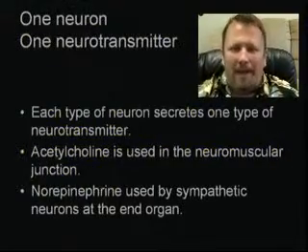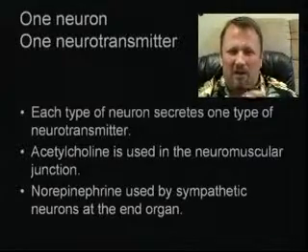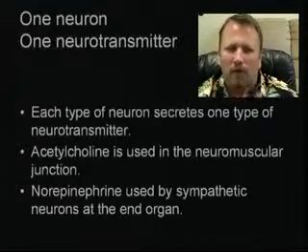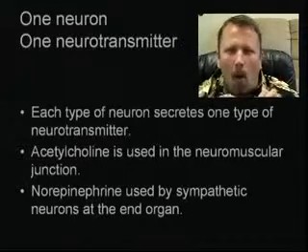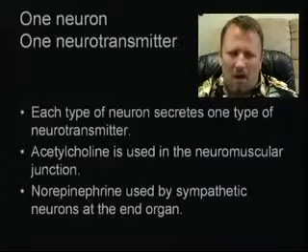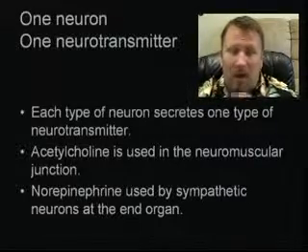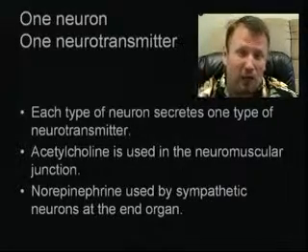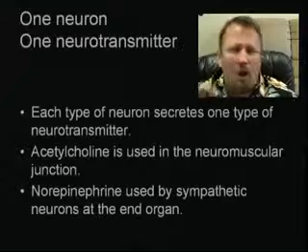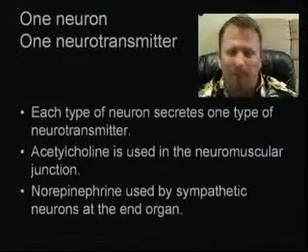Well, somebody once asked me, does a neuron just secrete all of these neurotransmitters? And I thought, well, that would be confusing. And so in this course, one neuron secretes one neurotransmitter. Each type of neuron is going to secrete one type of neurotransmitter, like acetylcholine, which is used in the neuromuscular junction, meaning the neuron that signals the muscle only uses one kind of neurotransmitter, and that's acetylcholine.